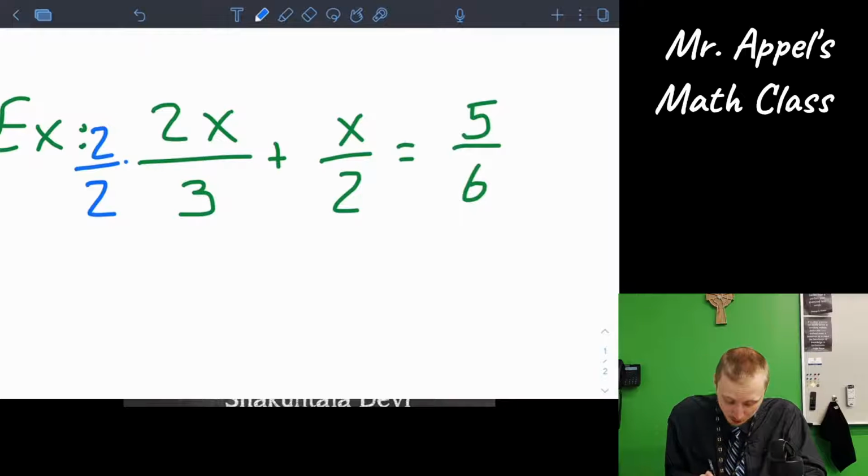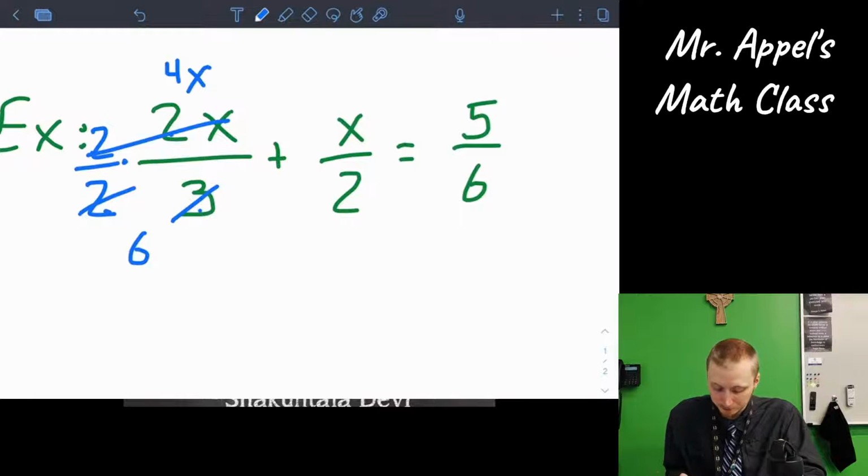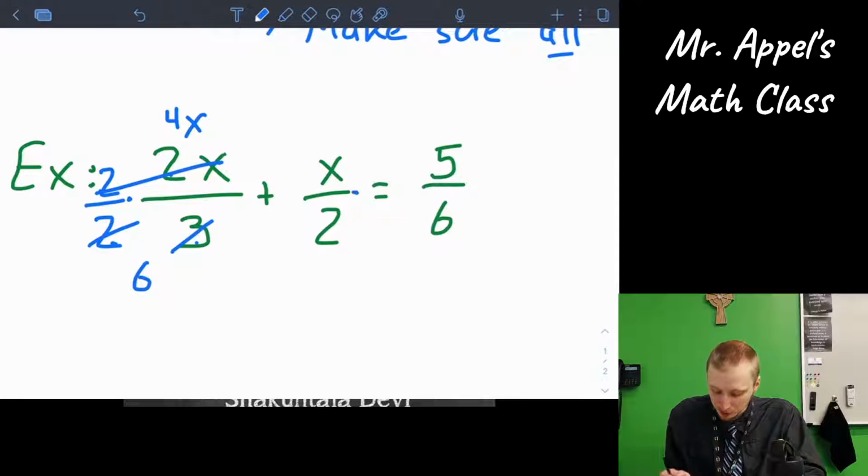That way, within this fraction multiplication, 2 times 3 gives us 6. And then up here, we'll have 2 times 2x, and so we'll get 4x. Over here, we'll multiply by a different fraction to get a 6. This one will be 3 over 3. So 2 times 3 makes 6, and now 3 times x makes 3x.